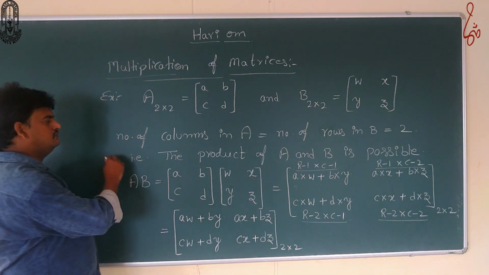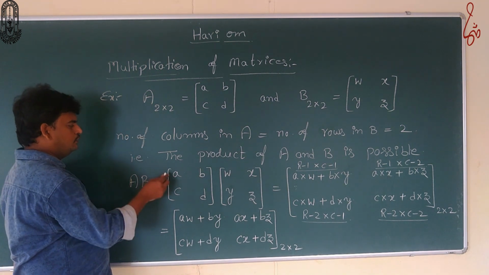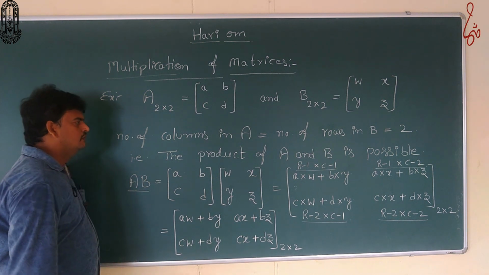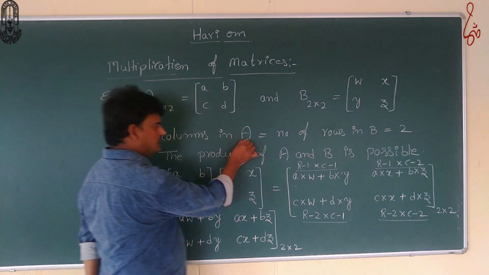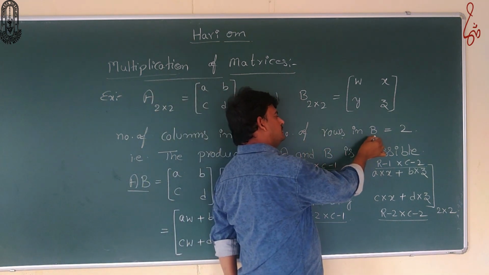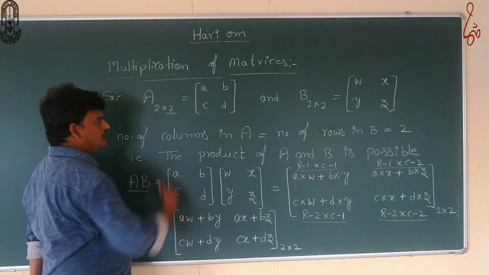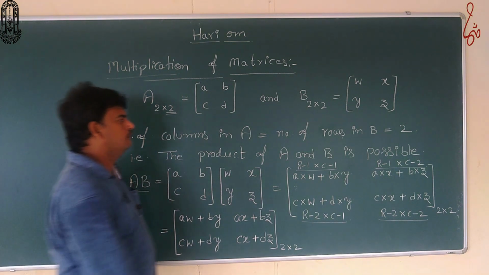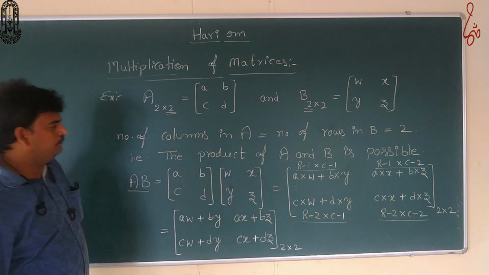As we know, the condition for the multiplication of matrices is, here I want to find the product of AB. For that, I am checking whether the number of columns in A and the number of rows in B are equal or not. The number of columns in A is equal to 2, and the number of rows in B is equal to 2.